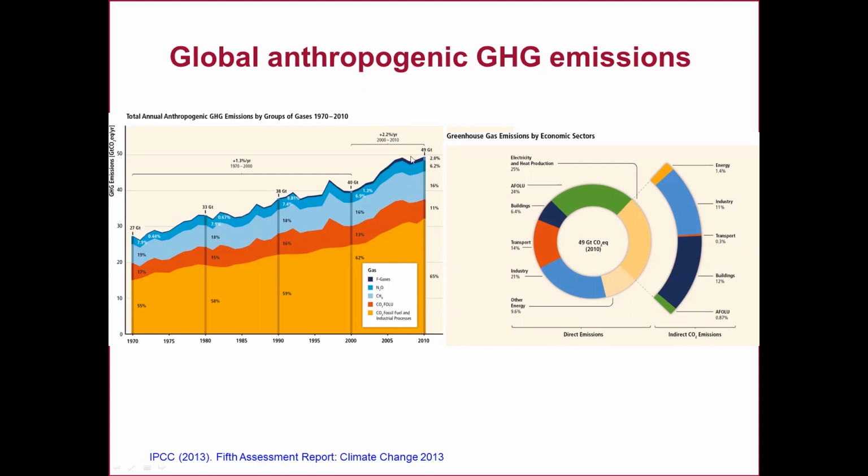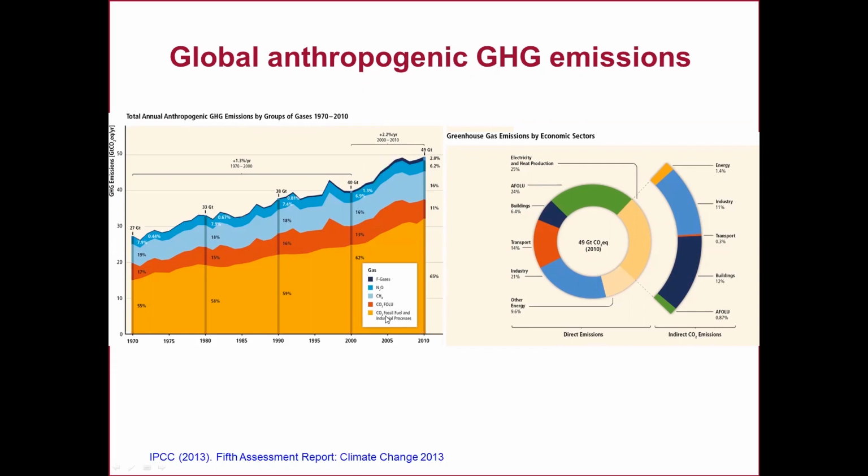In terms of which greenhouse gases are contributing, there are three main ones: carbon dioxide, methane, and nitrous oxide. These three gases account for more than 95% of total greenhouse gases. Carbon dioxide has two sources.